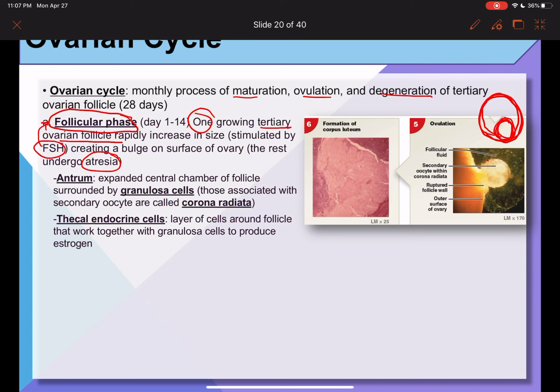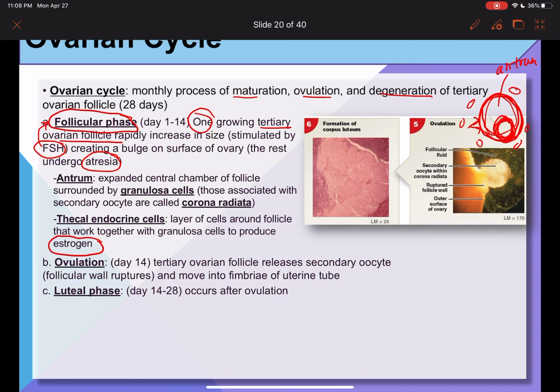Just like how in males there are Leydig cells around the seminiferous tubules to make testosterone, females have theca endocrine cells all around within the ovaries surrounding the tertiary follicle. These theca endocrine cells are in charge of making estrogen, so that's why it's analogous to Leydig cells in males.